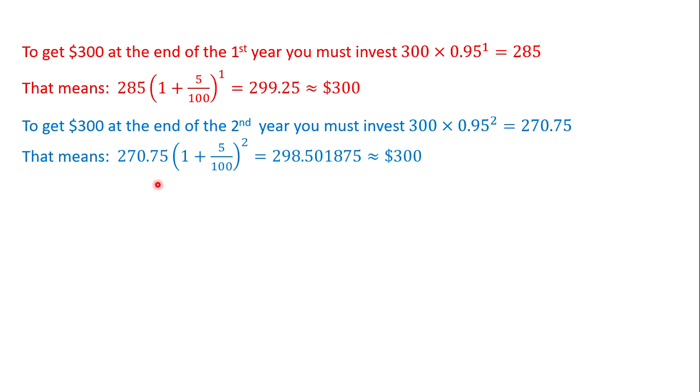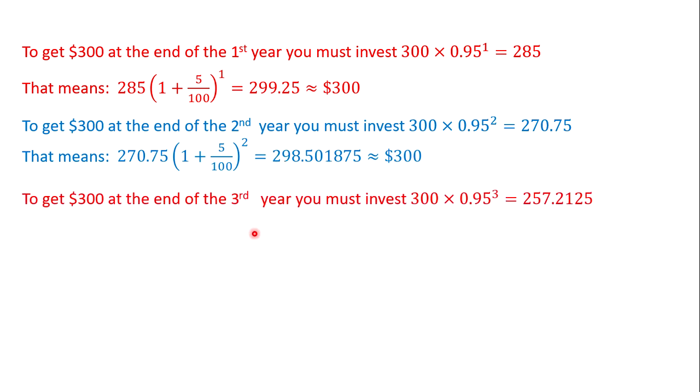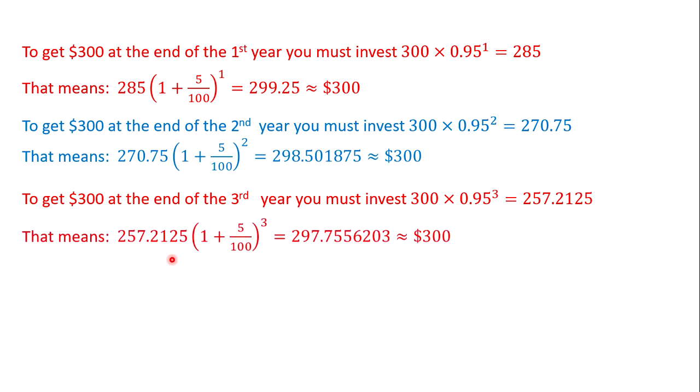So the less you invest, at the end of the second year this is what you're going to get. So if you go for the third year, which we know from 257.2125 from before, you invest less. But at the end of the third year, if you invest that money, you are going to get about 300. Can you see how it goes?